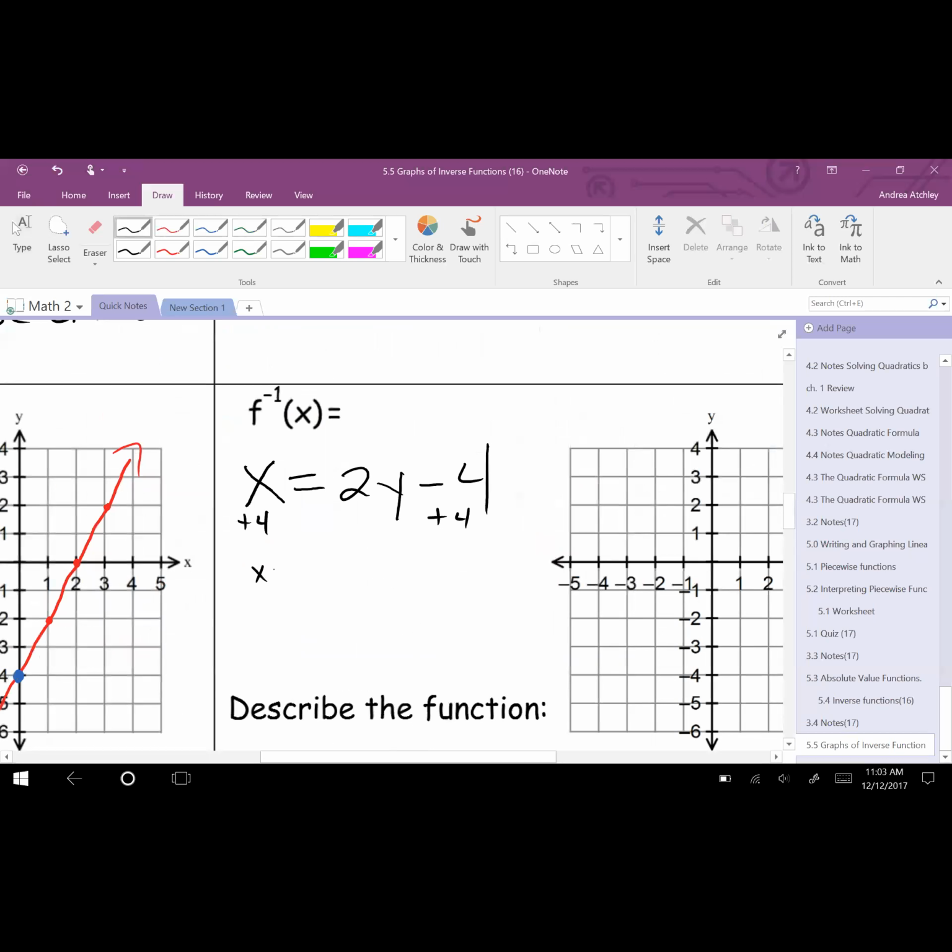So I'm going to get x plus 4 equals 2y. Selena, what should I do next? Divide by 2. Those will cancel out. And I'll get y equals, I'm going to actually divide this. So this is like a 1 in front. So it becomes 1/2 x. And then 4 divided by 2 is plus 2. So this is my inverse.